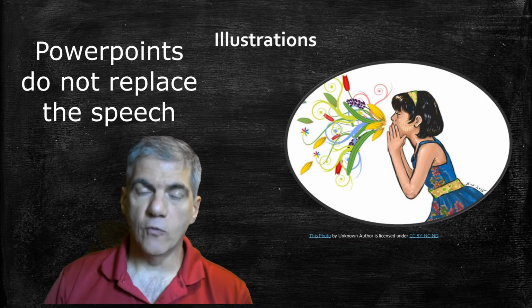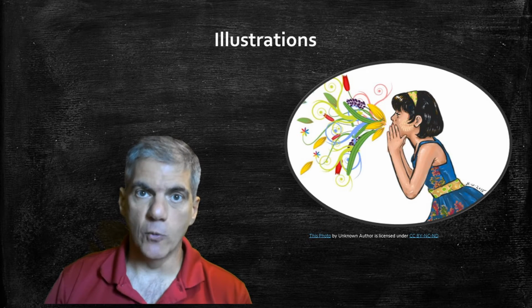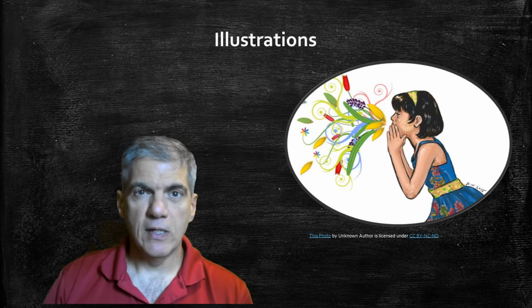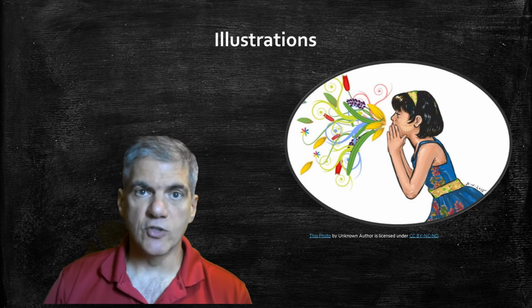What you want to avoid doing is reading the PowerPoint. If you read everything that's on the PowerPoint, then why does that group need you to be there? They could just look and read the PowerPoint themselves. That PowerPoint is just to give a sentence or two, and then it's your job to explain.